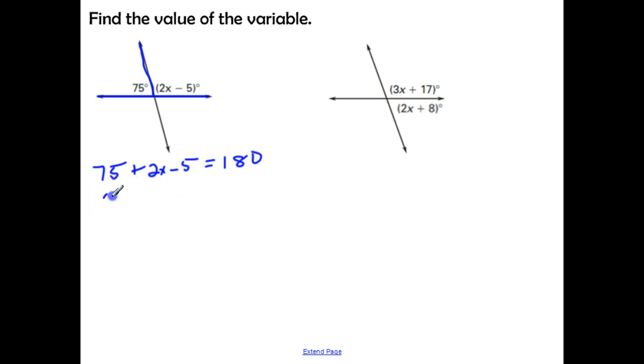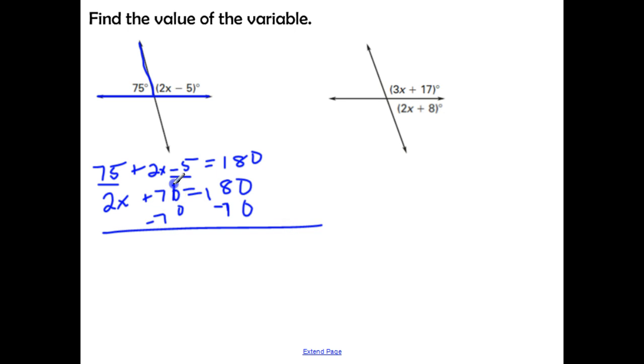So first we want to combine like terms. We have 2x, 75 minus 5 is 70. That equals 180. Subtract 70 from both sides, and then we get 2x is equal to 110. Divide by 2 to isolate the variable, and we get x is equal to 55.